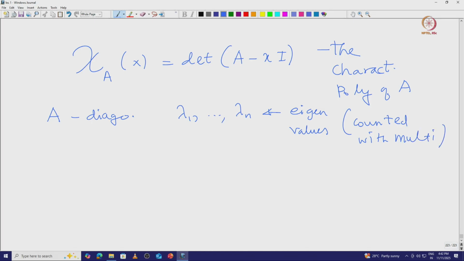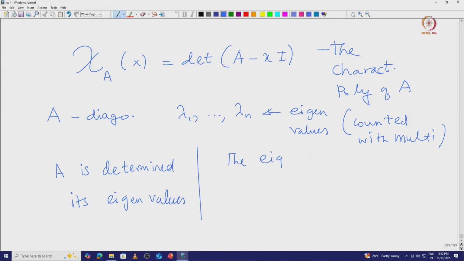Now, the observation is that A is determined by its eigenvalues, and the eigenvalues are determined by the characteristic polynomial.